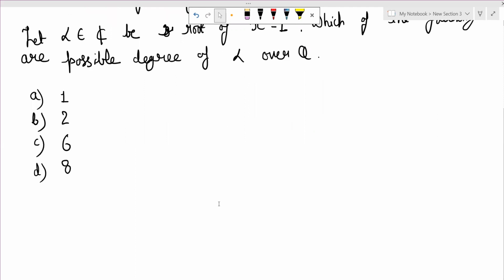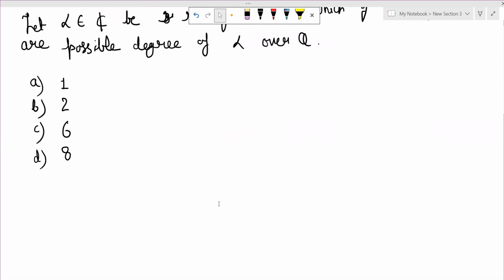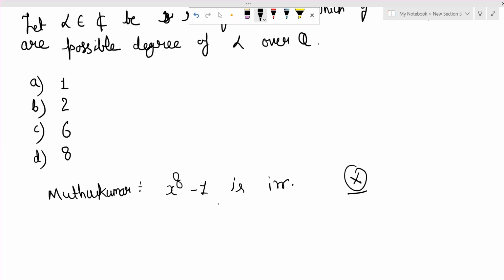Muthu Kumar is saying x to the power 8 minus 1 is irreducible. Okay, so let me give you its factorization. So what is its factorization?